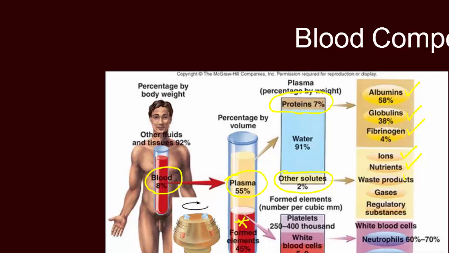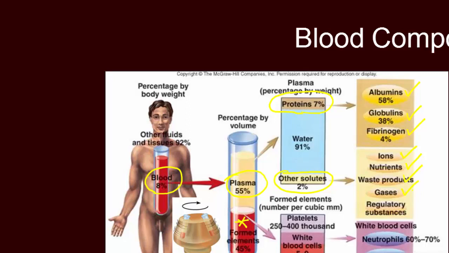Waste products, so we need to get rid of metabolic waste that cells are producing. They have a tendency to cause the fluids of the body to become acidic, so we need to get rid of those, and we can deliver those waste products to the kidney, and the kidney can filter those out, but we're going to be delivering them to the kidney with the plasma.